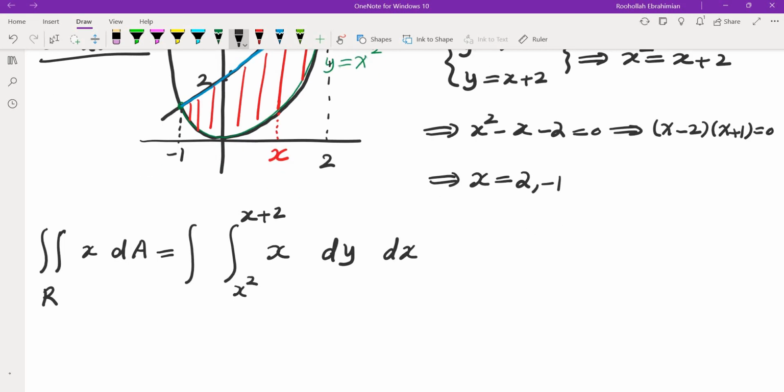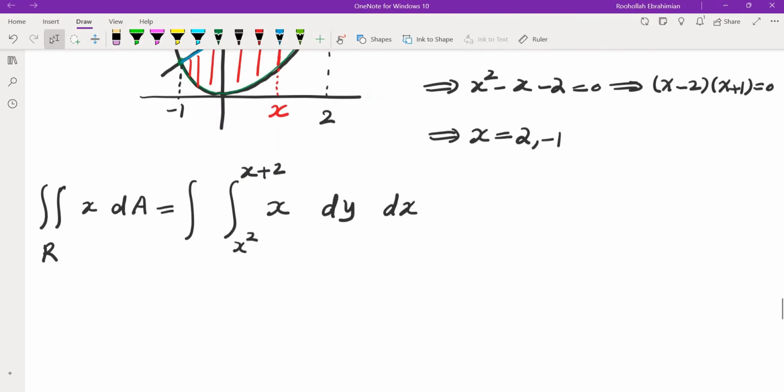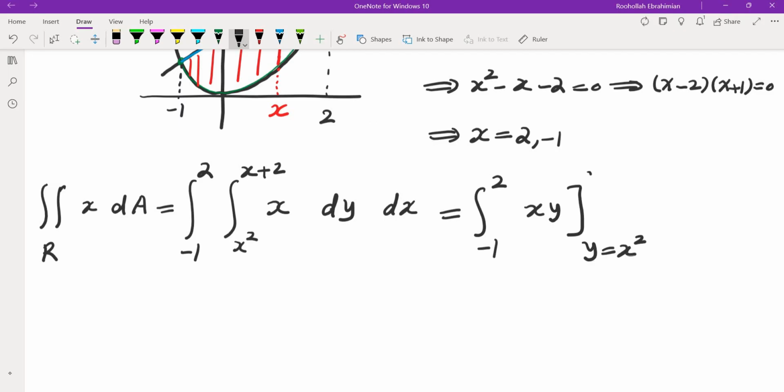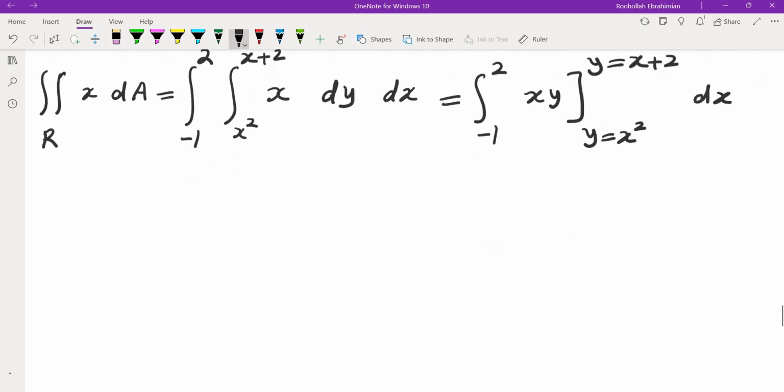And x values go from negative 1 to 2. Now we'll have to integrate with respect to y first, and then with respect to x, and that would be our answer. So integral from negative 1 to 2, integral of this one with respect to y would be x times y from y equals x squared to y equals x plus 2 dx.